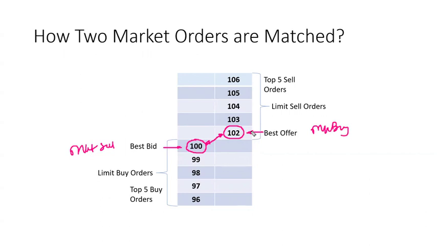All right. Now we know that on an order flow chart, market buy orders are plotted on the right side and market sell orders are plotted on the left side. So that is why, because of this difference between the best offer and the best bid, we will always compare them diagonally.